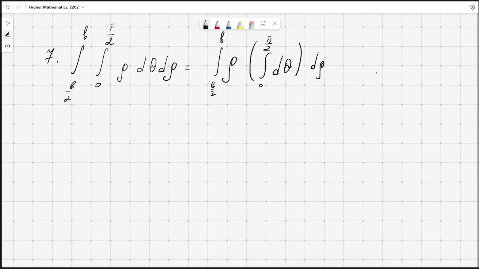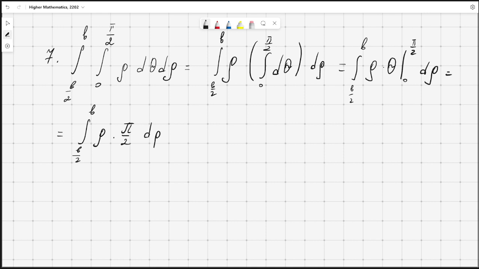Integral of d theta is theta, and we have integral from b over 2 to b of rho times theta from 0 to pi over 2 d rho, equals integral from b over 2 to b of rho times pi over 2 d rho.